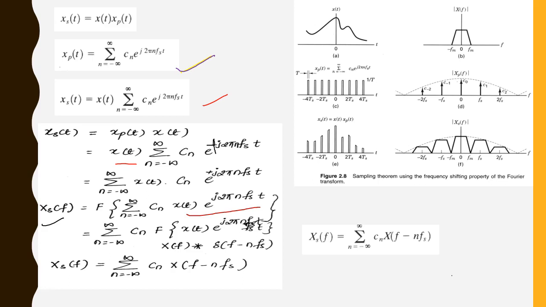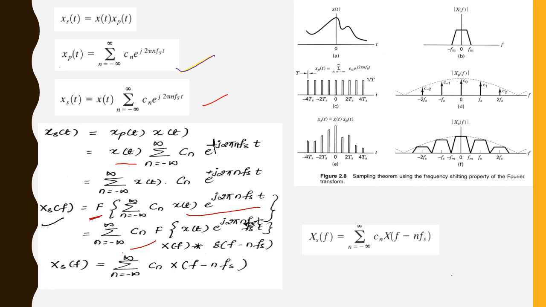Here, if I would like to interchange the operations of summation and Fourier transformation, this is the Fourier transformation symbol which we have, then it would be summation n equal to minus infinity to plus infinity C_n times the Fourier transform of x(t) e^(j2πnf_s t).